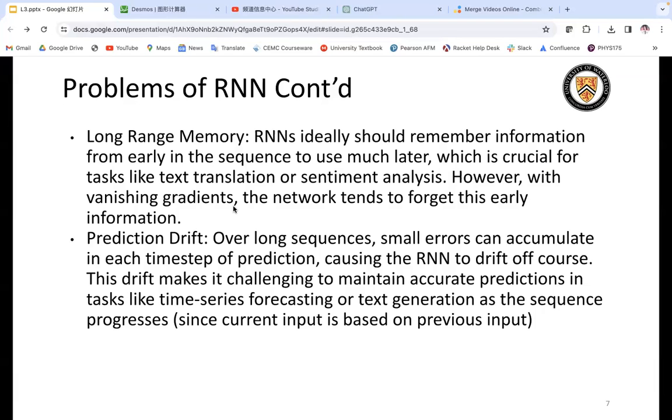Then there is prediction drift, a problem over long sequences. Small errors can accumulate in each time step of prediction, causing the RNN to drift off course. This drift makes it challenging to maintain accurate predictions in tasks such as time series forecasting or text generation as the sequence progresses, since the current input is based on previous input.